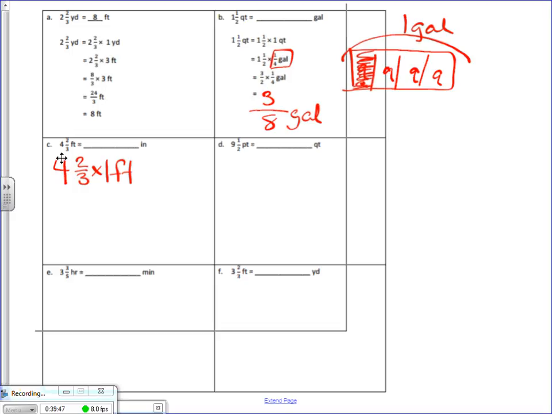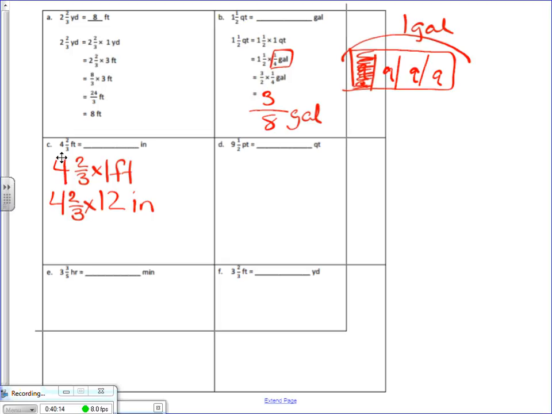I'm going from big to small. Multiplying. This one has them all mixed up. So big to small, multiply. 12 inches. So this one, you're multiplying by 12.